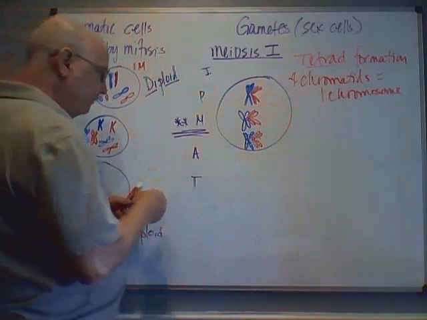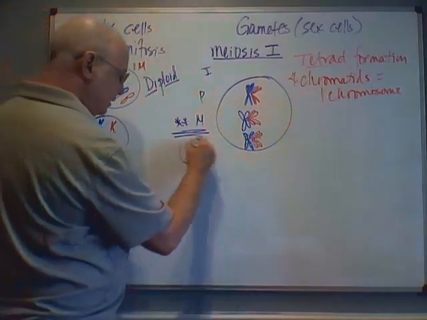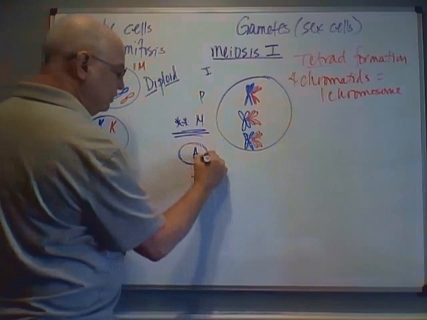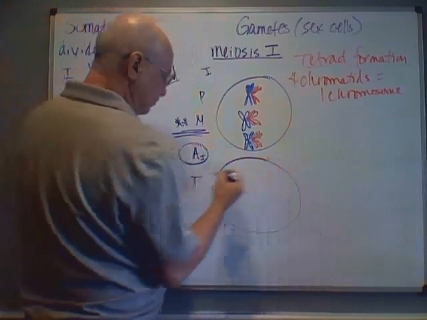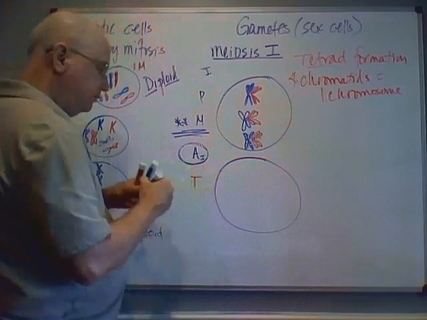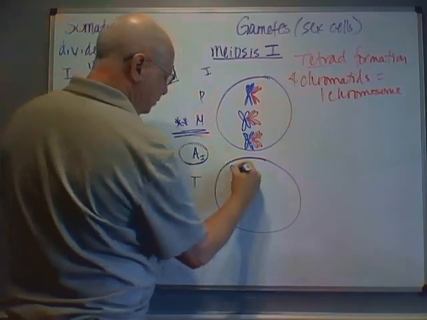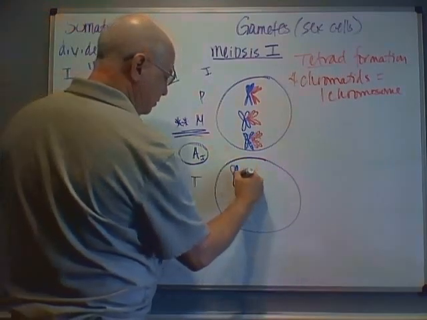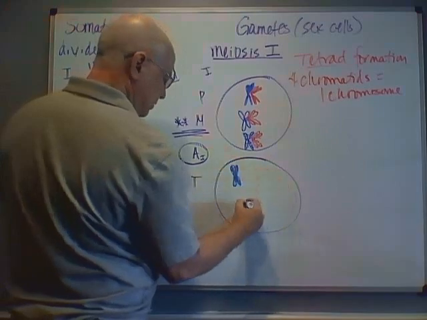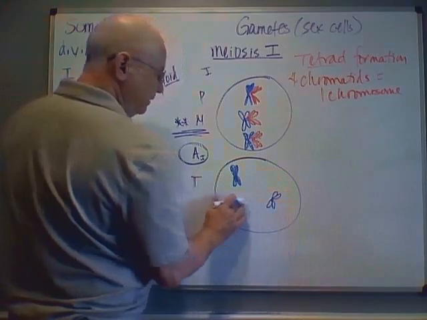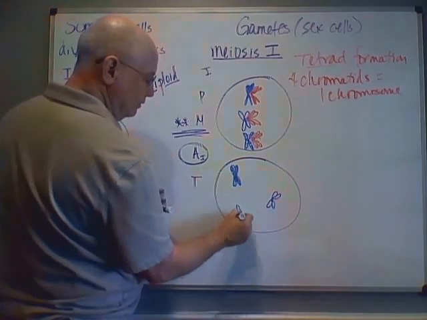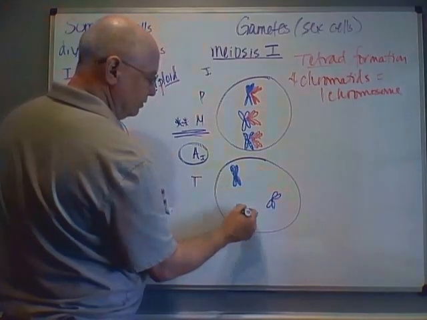So when I get to anaphase 1, the cell will start to look like this. I'm going to pull all of this in one direction, and I might pull number 2 from dad in one direction and number 3 from dad in this direction.